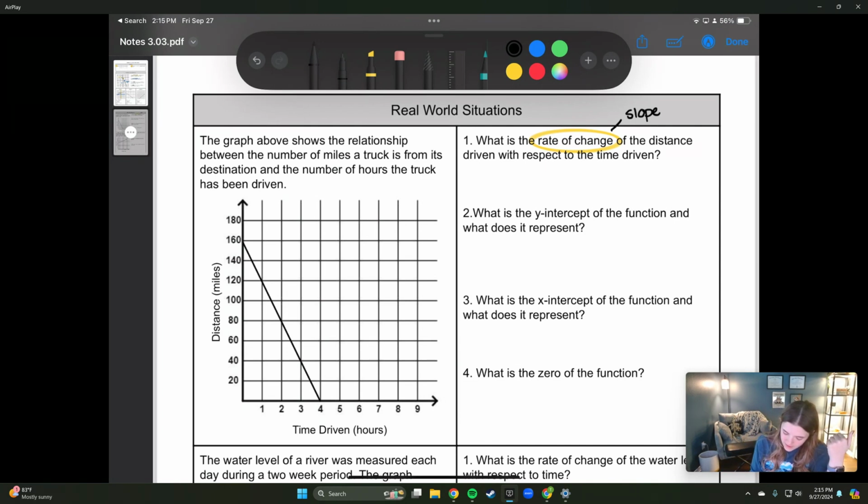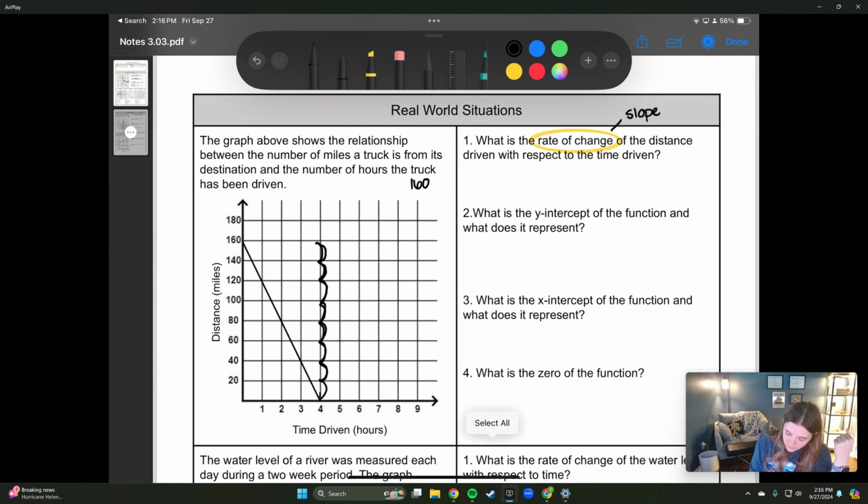If I'm here at 4, I am going to rise 1, 2, 3, 4, 5, 6, 7, 8, except what did I do wrong? We're not going by 8, we're going by 20s. So 20, 40, 60, 80, 100, 120, 140, 160 is my rise.